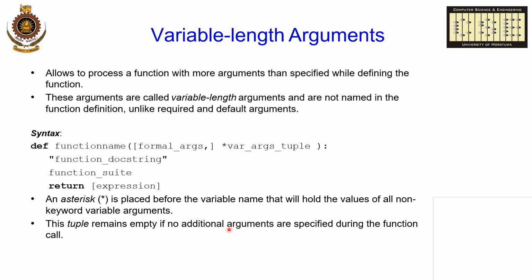If no additional arguments are specified during the function call, you can just leave it out. You don't have to mention anything. Another thing to note is that in the function definition, first you have the formal arguments, like the required arguments and the keyword based arguments, and only then you have these variable length arguments. This will be clearer once we look at an example in the next slide.